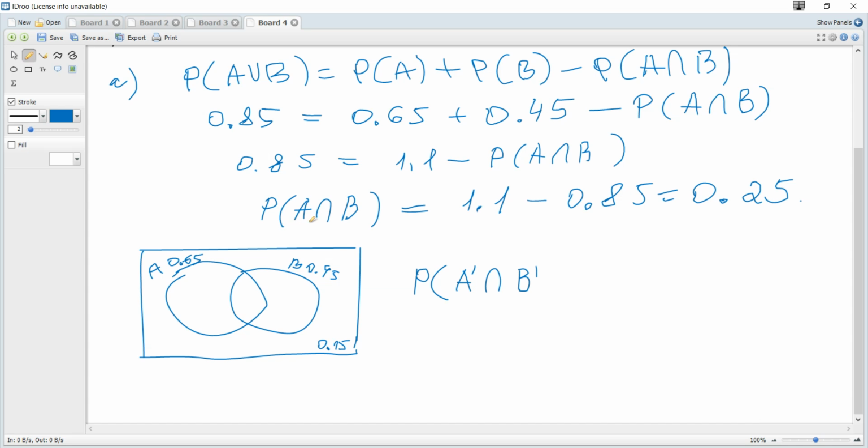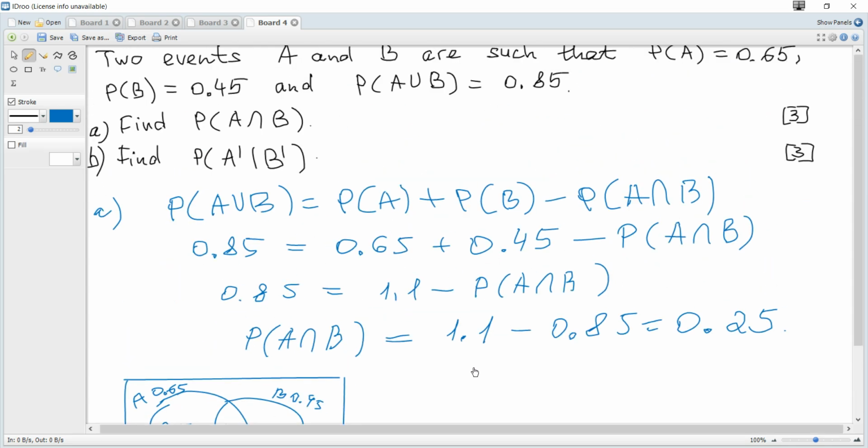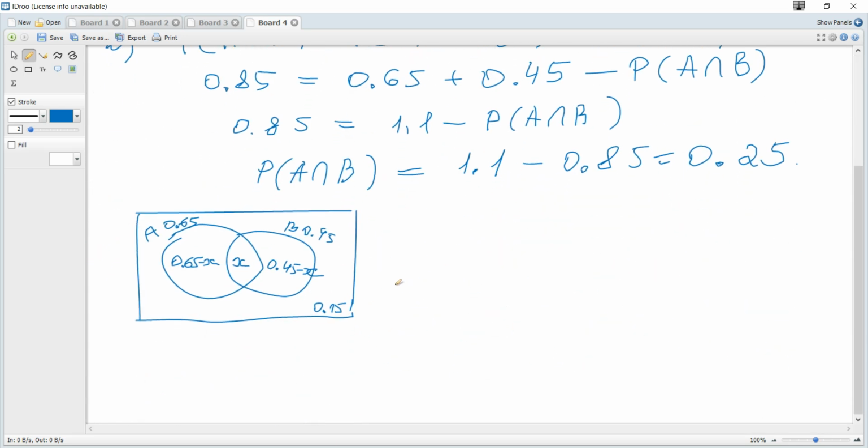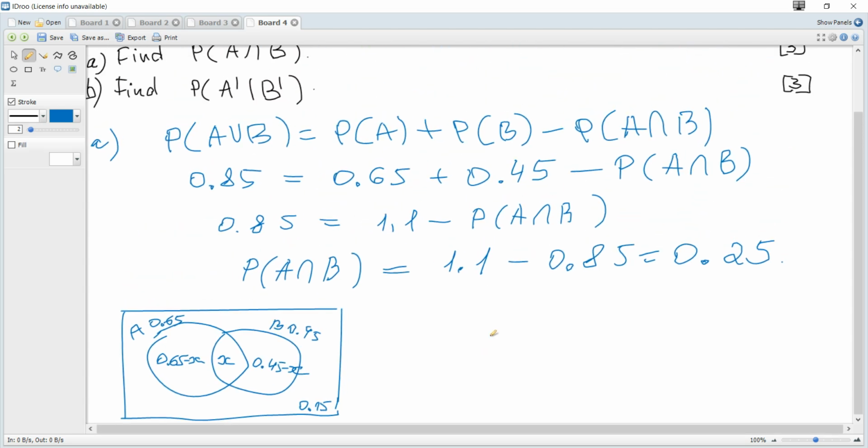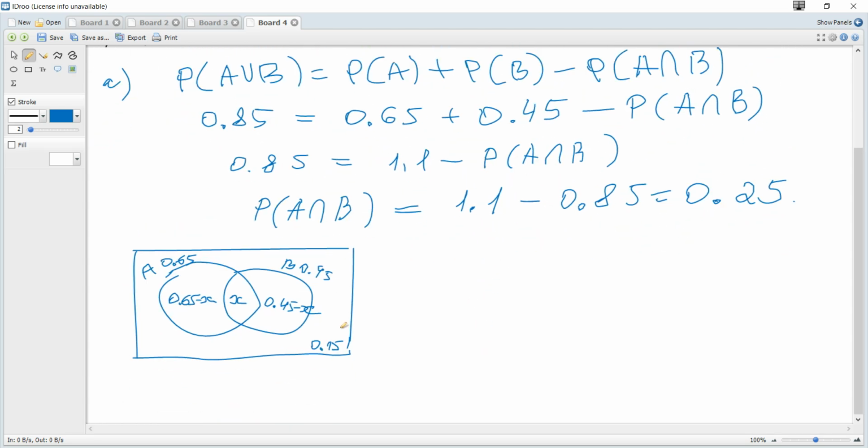So to find A and B, where is A and B? It's this intersection. We can denote it as X, then A only is 0.65 minus X, and B only is 0.45 minus X. Then this sum is equal to A or B, which is 0.85, or together with this, it's just one total probability.